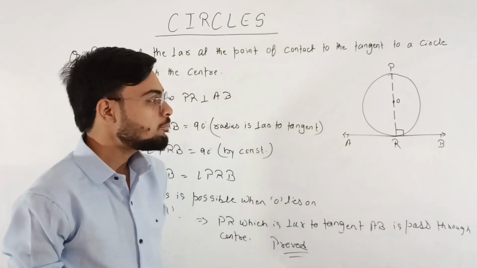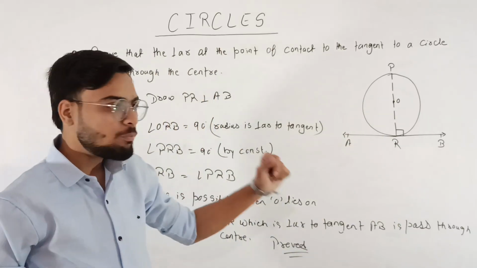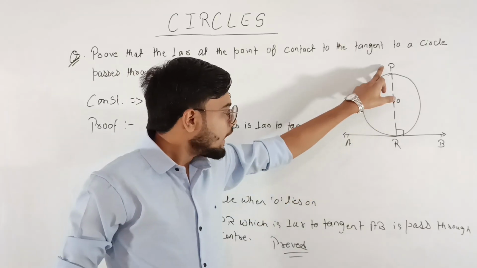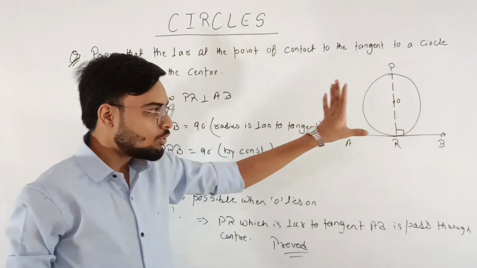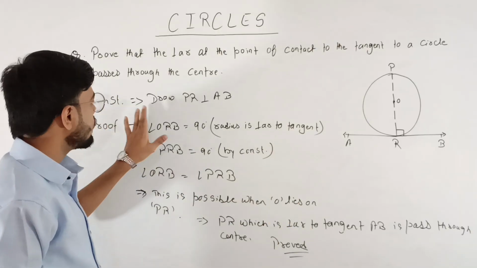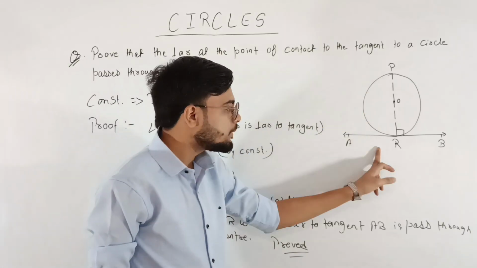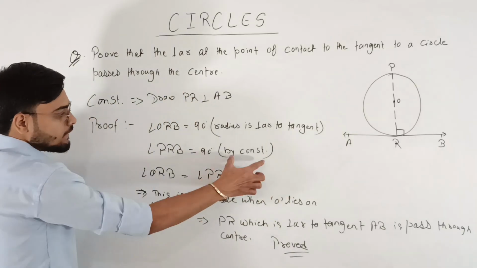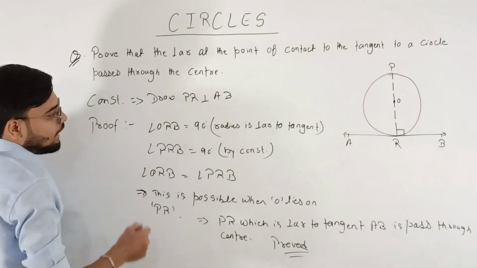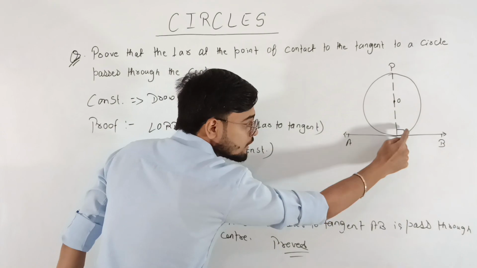Okay, let's see one more time. The question is: we have to prove that line PR, which is perpendicular to the tangent AB, passes through the center O. So first I draw one construction, that is PR perpendicular to AB. Then by construction I have PRB is 90 degrees, and one more thing, angle ORB is also 90 degrees.